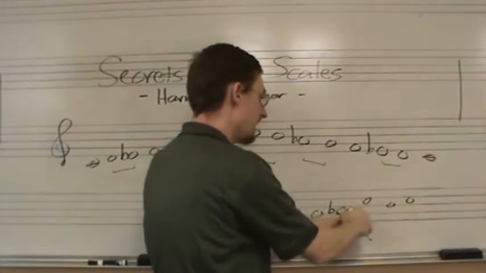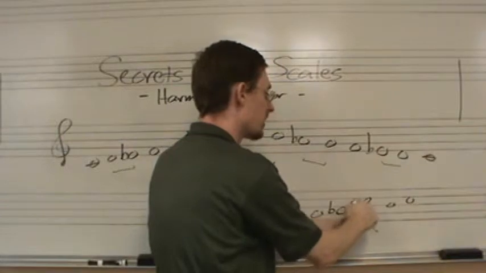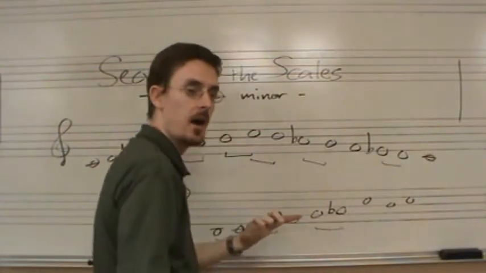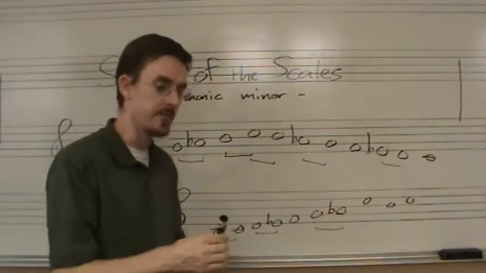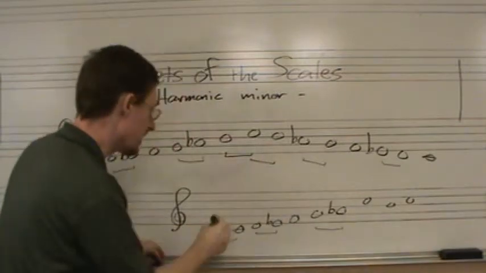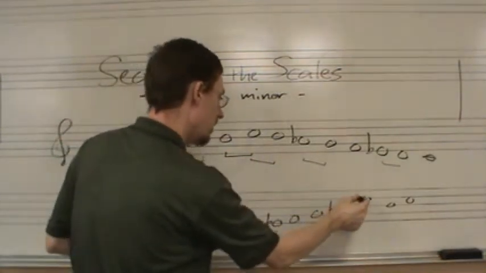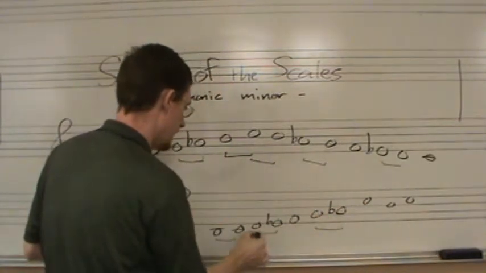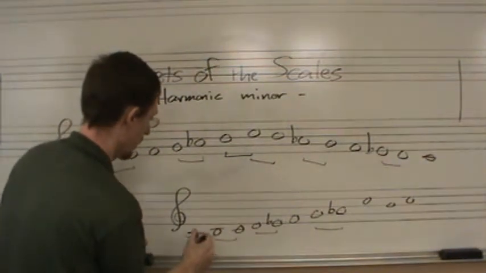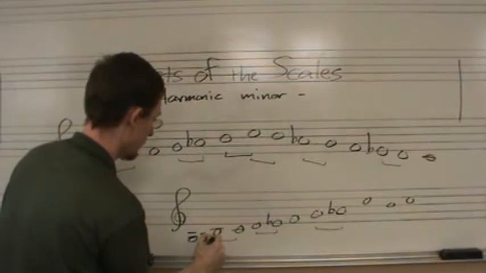So I'm eliminating the particularly awkward interval of the augmented second and going right to a very natural and very familiar tone like do. And we can do the same thing when going down. Do, le, sol, fa, mi, re, do, ti, do, sol, le, sol.